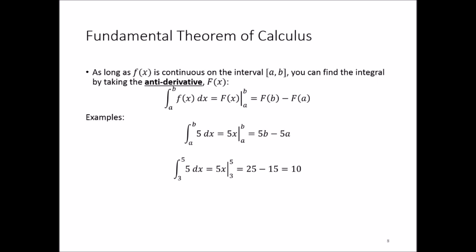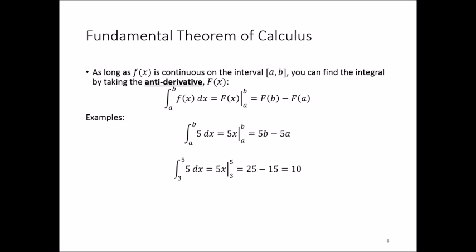Now this is an integral that's easy enough that you could actually just figure it out drawing a picture. So the line that we're trying to integrate is y equals 5. We're looking for the area between y equals 5 and y equals 0. So the vertical height there will be 5.